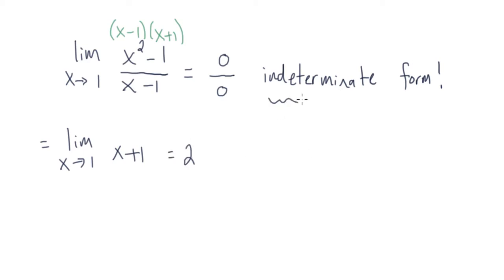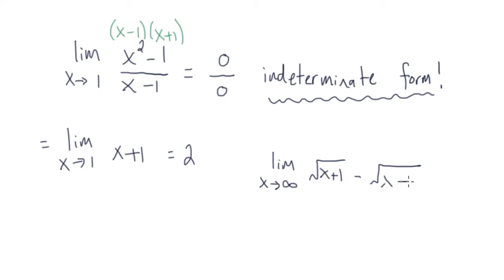Now, we want to really just focus in on indeterminate forms here. And if you recall, we have seen examples of other indeterminate forms. So I believe we looked at something like this, and we have a similar situation.